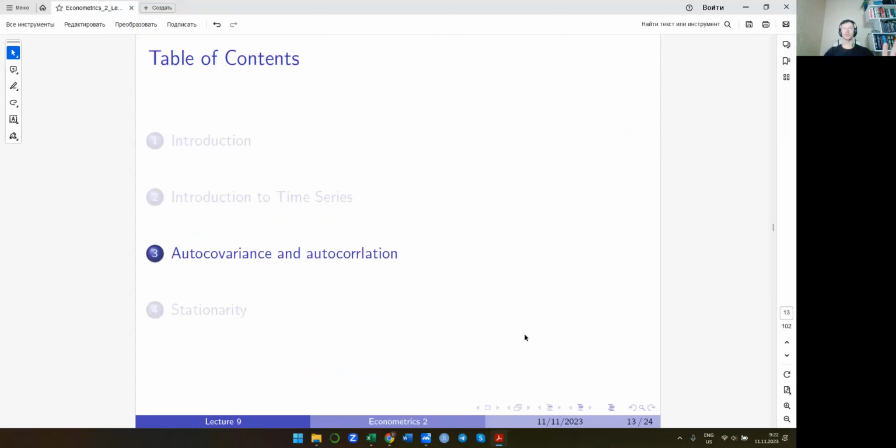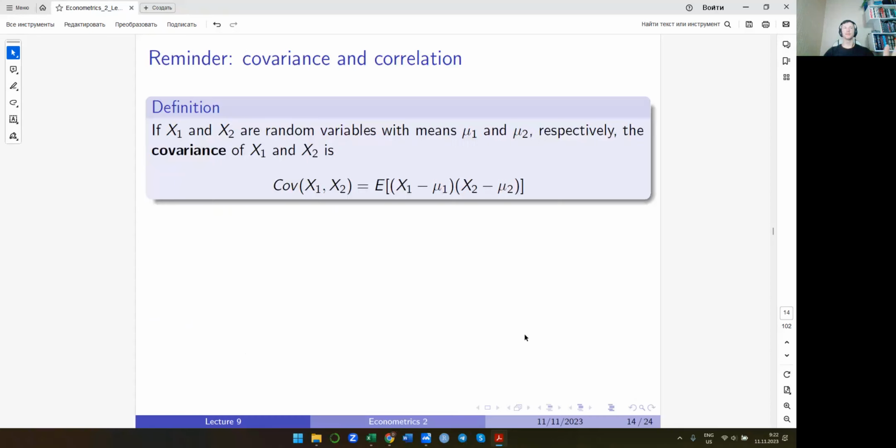So what is autocovariance and autocorrelation? Let's start with a reminder. What is covariance and correlation per se? If there are two random variables, x1 and x2, this just comes from probability course, from statistics course. This is not relevant to time series yet. So there are two random variables, x1 and x2. They have means, mu1, mu2. And then covariance is defined as the expected value of the following expression.